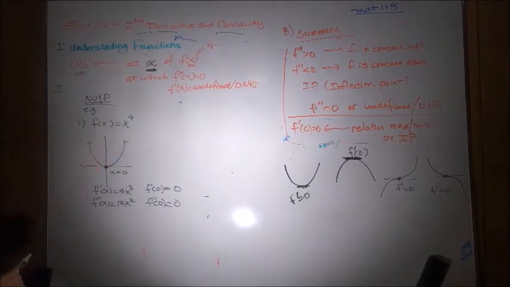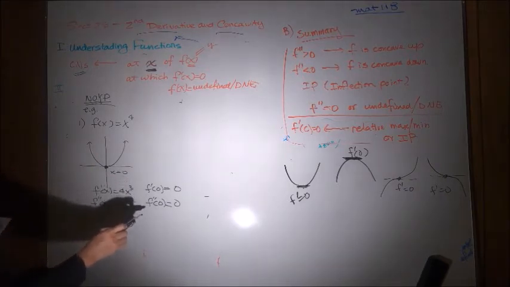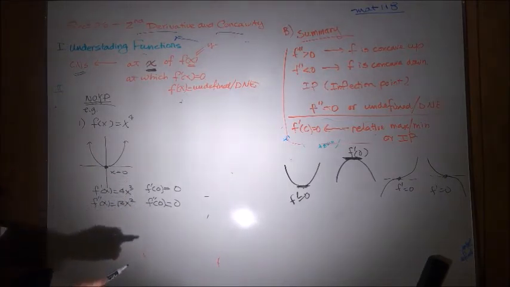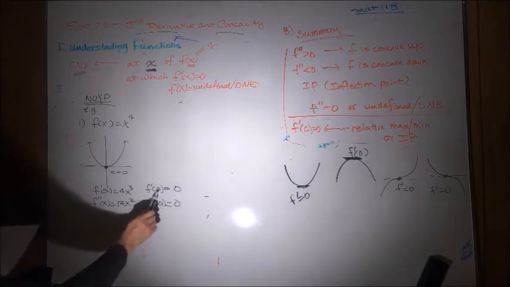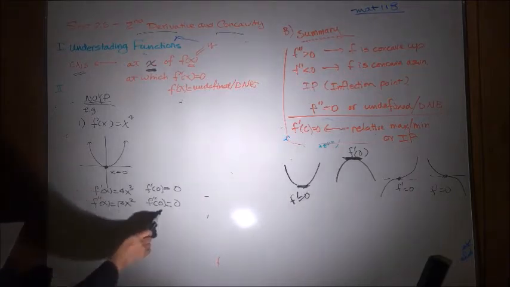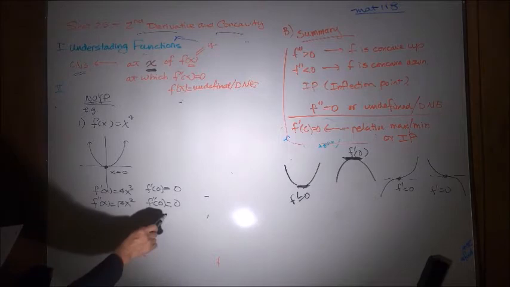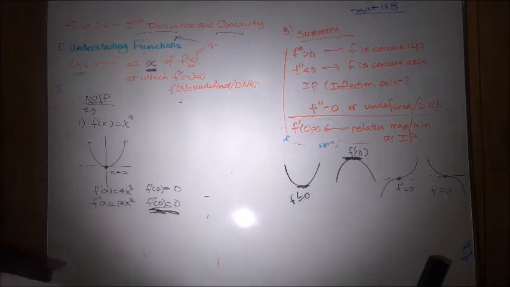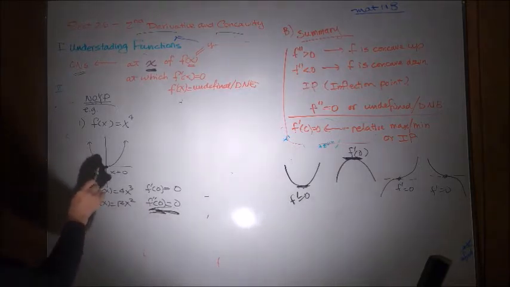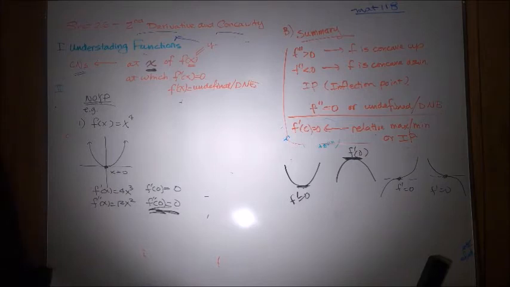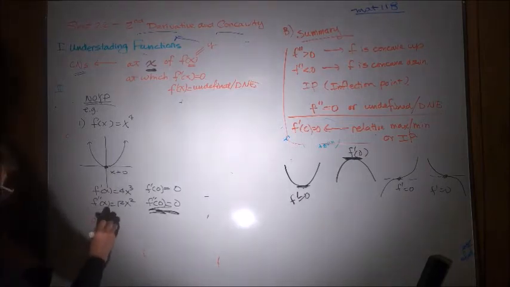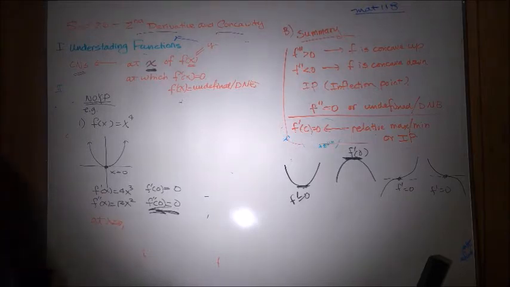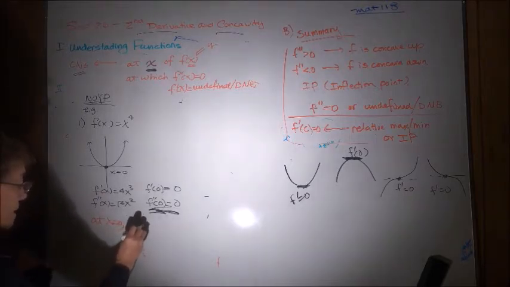If I have a model like this, then at this point of time, my f prime is 0, right? But my f prime prime is 0, right? That means what? At this point of time, at x is 0, y is what?